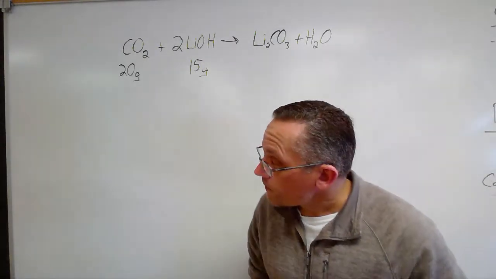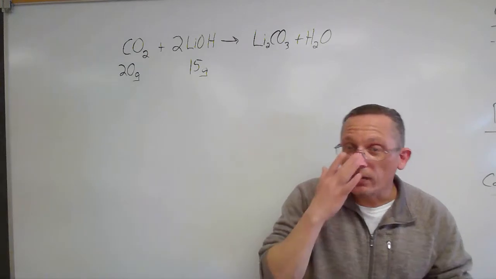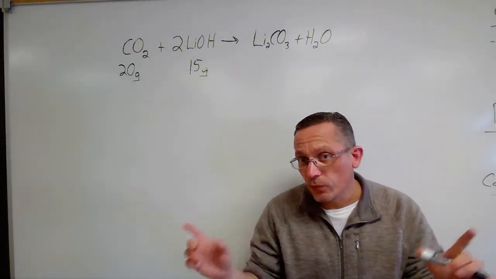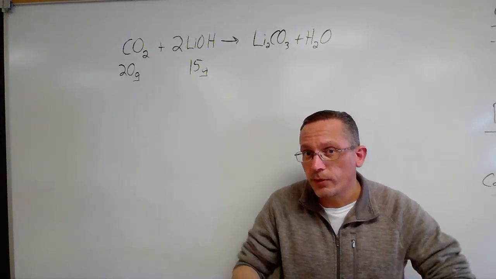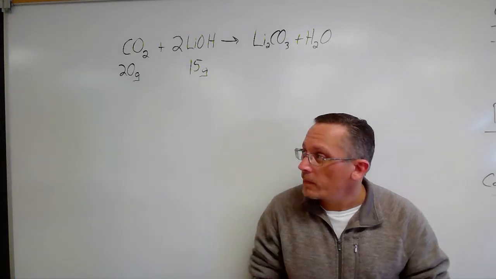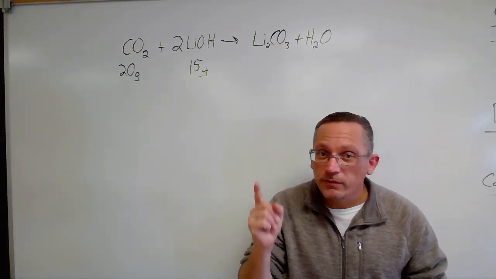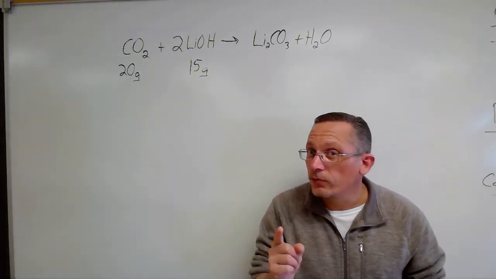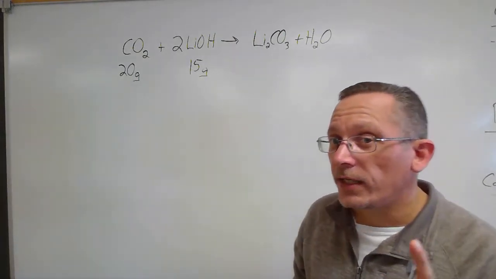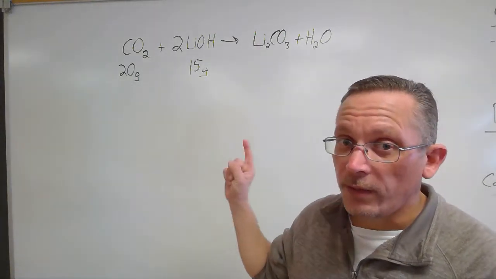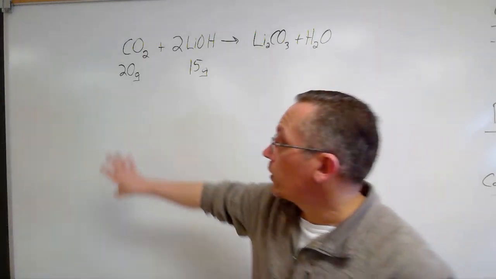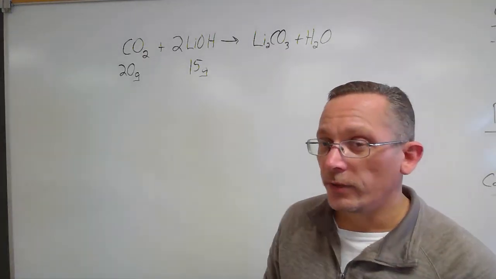It wants me to figure out how much of the excess reactant is left over. Well, to figure that out, the first thing we're going to do is one of our four fraction stoichiometry problems, just like we've been working on. But to figure out how much of the excess reactant is left over, I need to start my calculation with the limiting reactant.